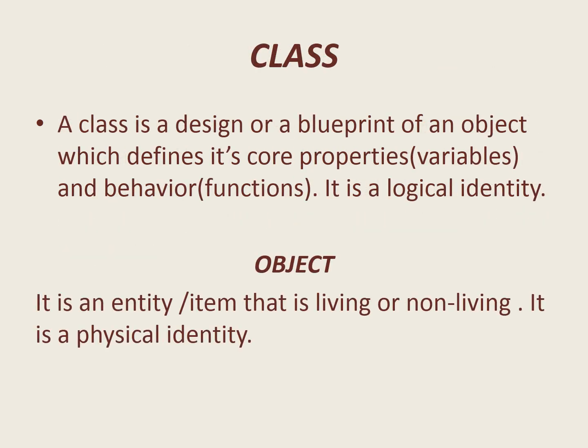So students, let us learn about the concept of class and object. A class is a design or a blueprint of an object which defines its core properties, and in programming language we call these core properties variables. It also defines the behavior of an object, and in programming language we call this behavior functions.